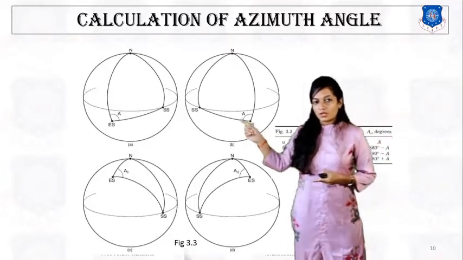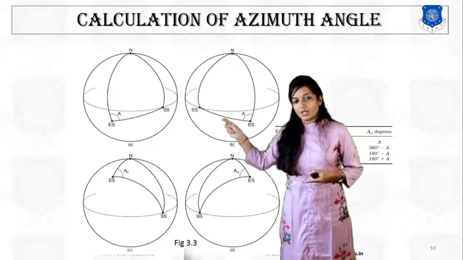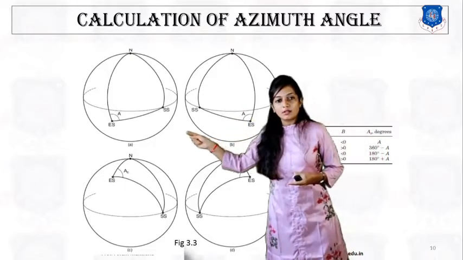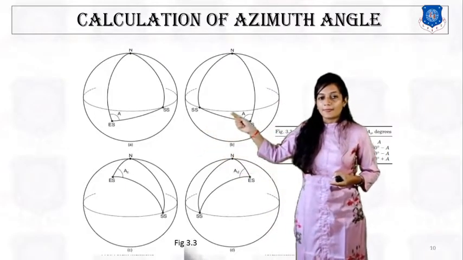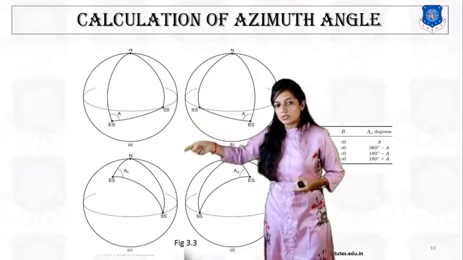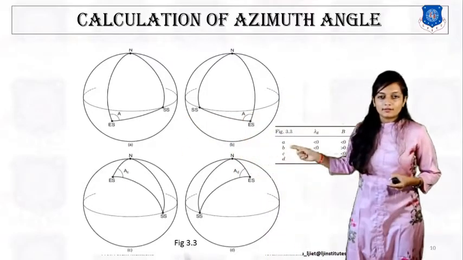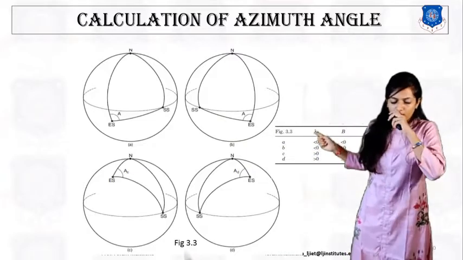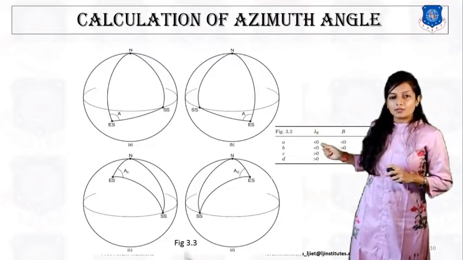Alright. So, consider diagram A, in which my earth station is towards the west side and it is towards the south side. Alright. So if it is the west side, lambda E will be less than 0.